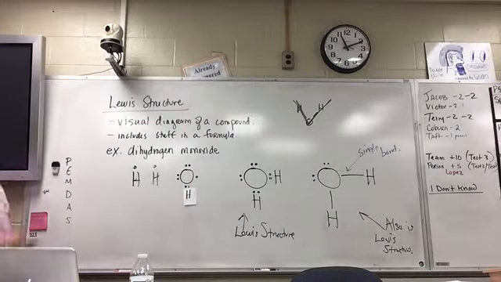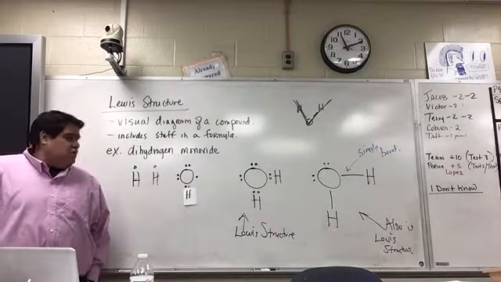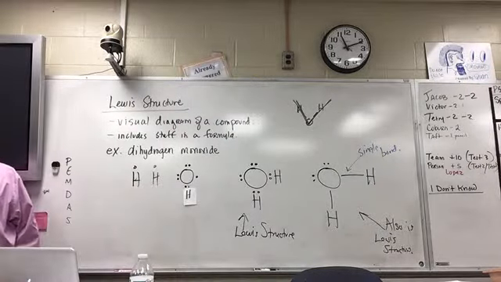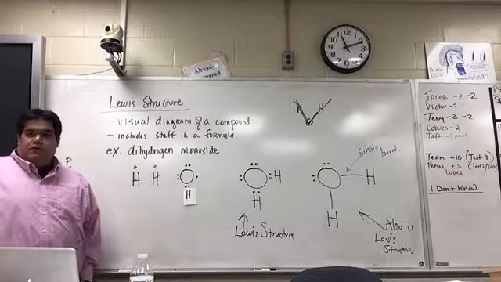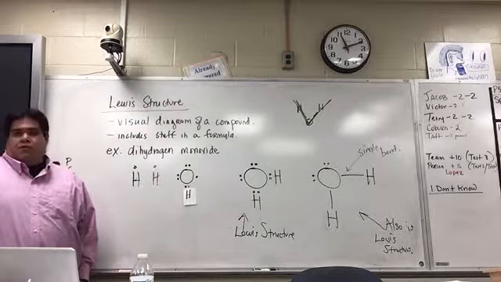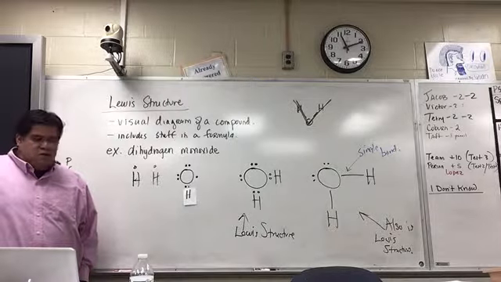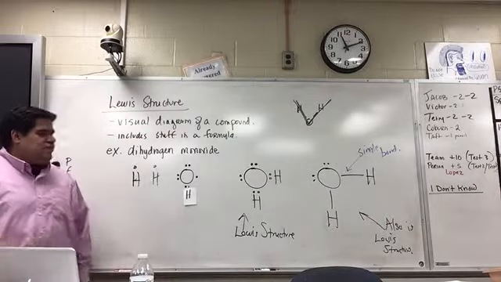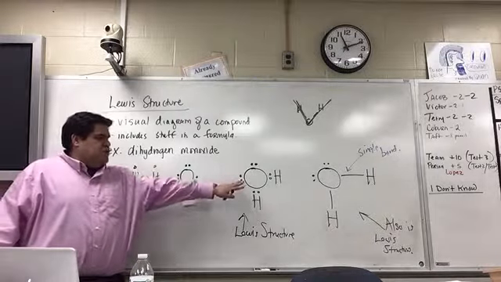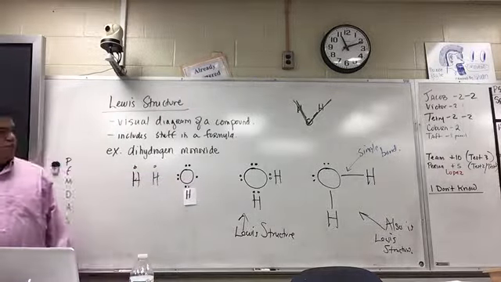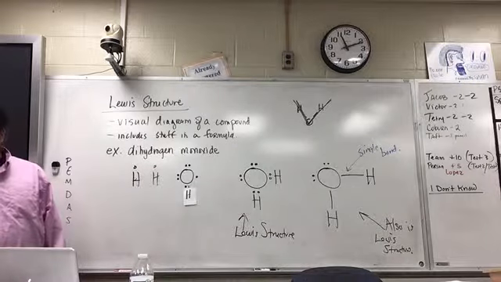There are some things that have a straight line. Those things we call linear. Then there are things that have the shape of a pyramid. Those things we call pyramidal because they look like a pyramid. And so what we need to do is get comfortable with the dot diagrams because the dot diagrams help us see where things get laid down. And therefore, that's where we can start to see how the shape works out.